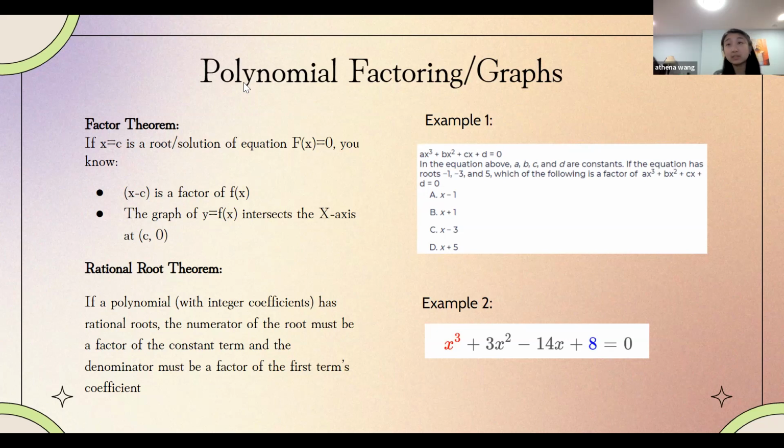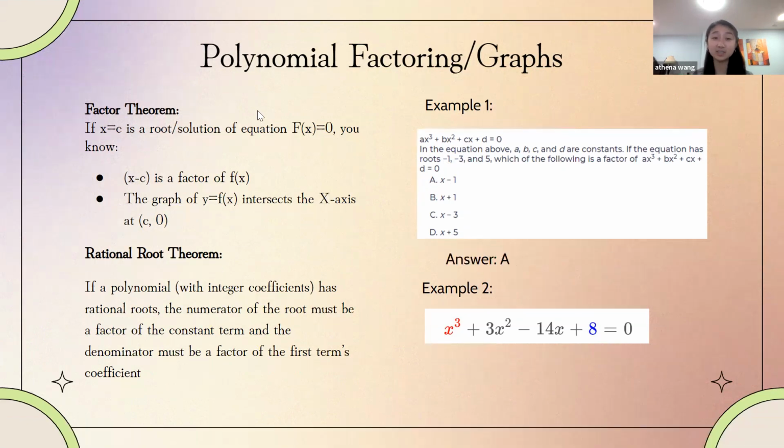Yeah, so the answer would be B, because it has the root of x minus -1. No, it has a root of -1, so we have x minus -1 would be a solution. Well, I think I accidentally wrote it wrong on the slide. I somehow wrote A. I fixed it. Okay, so that should be B.